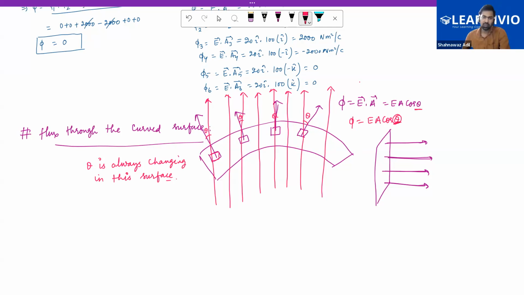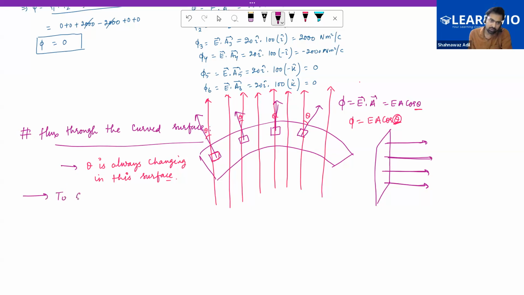Yes, sir. So what I will do is take a very small area whose normal is always parallel to the electric field.